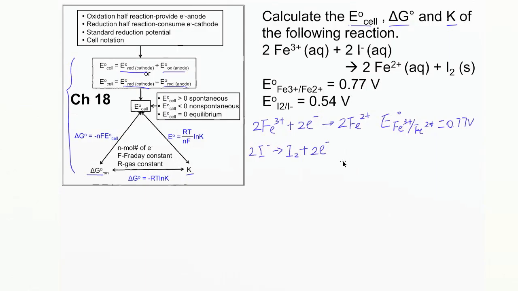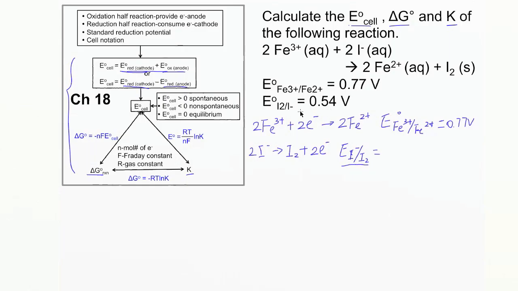And now let's think about it. If you want to use the first way to do the calculation to find the Ecell, then you need to use the oxidation potential of iodide to iodine. This is the oxidation potential we need.